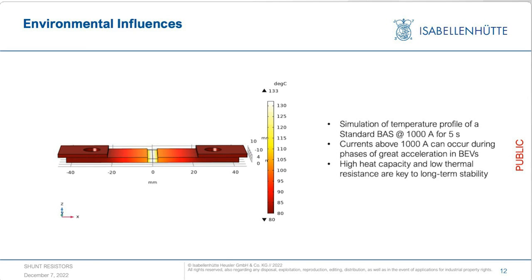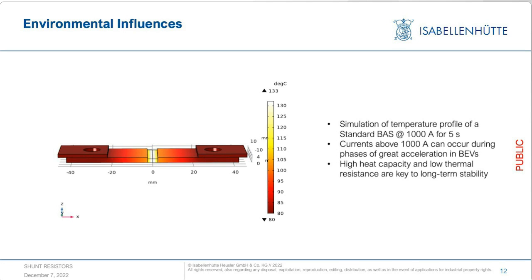So whenever we start with the development of a customer-specific shunt, we typically start with this type of simulation to properly design the shunt so that the temperature rise in the resistance material of the shunt is not too high in terms of long-term stability, as given by the usage profiles of the customers.